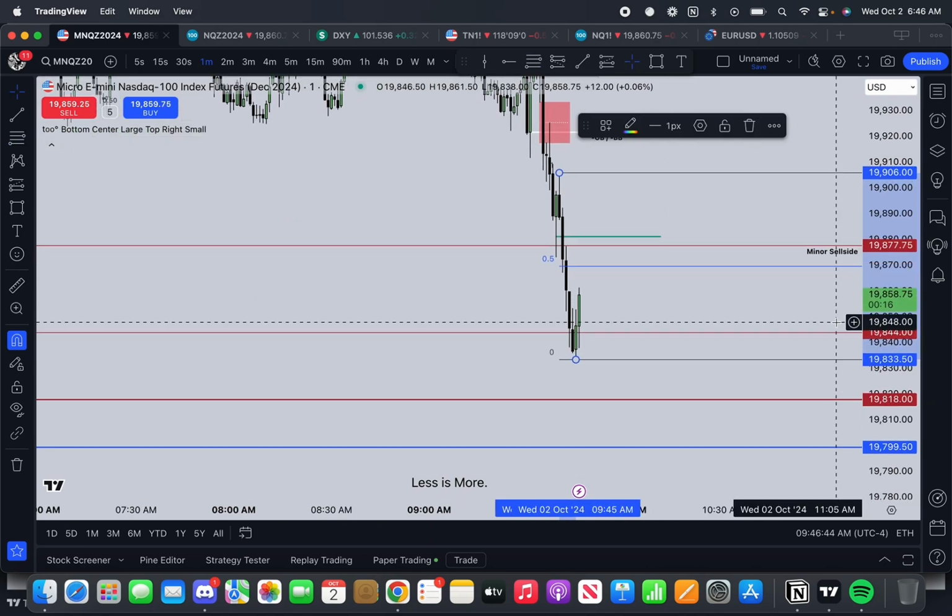See where our premium pricing is for this retracement, if it wants to get up there. If not, we just have this fair value gap.